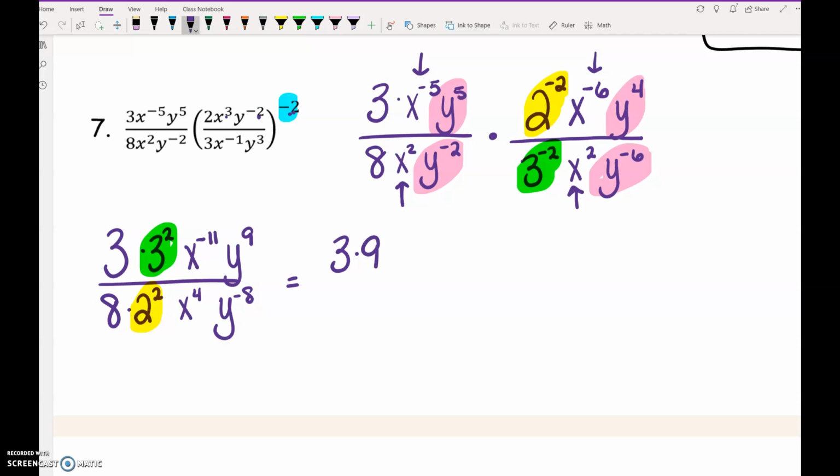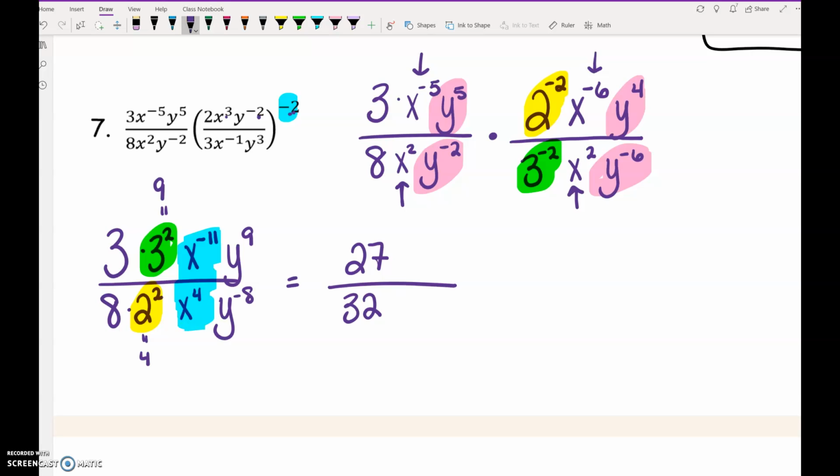Okay, so I know this is 3 times 9. Actually, I'm just going to write the 9 right up here. This thing equals 9. What is 3 times 9? 27. And 2 squared is 4. This thing equals 4. 8 times 4 is 32. Okay, we're dividing, so we subtract.